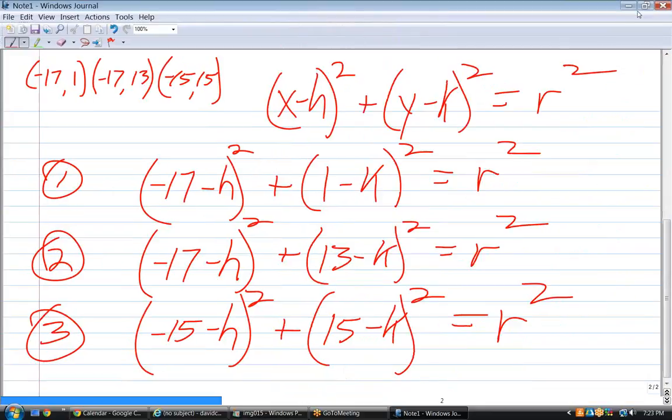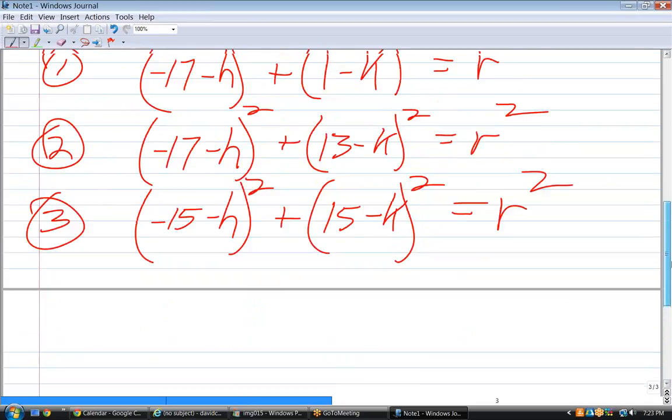Let's just solve this, I guess, the hard way. It'll take a while, but not that long. Expand each of these. Let me write it below. We're going to run out of room quickly here.